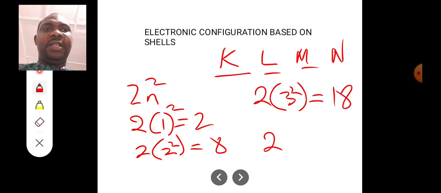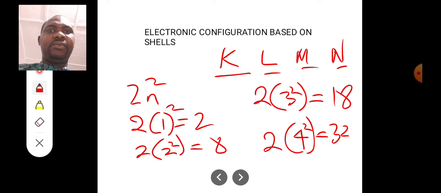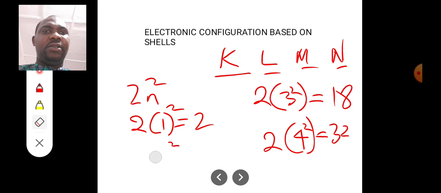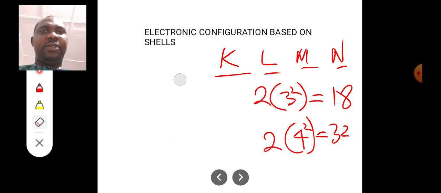If it is the N shell, 2 times 4 squared is 32. It's important that we know this. So K cannot take more than 2, L cannot take more than 8, M 18, and so on and so forth.